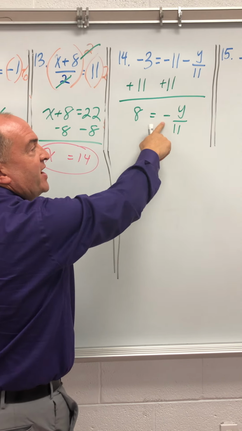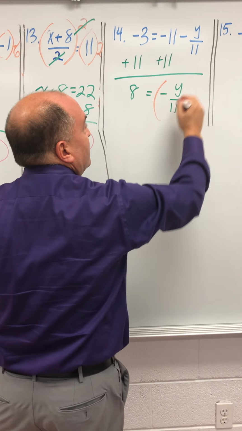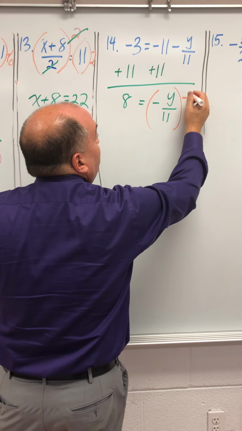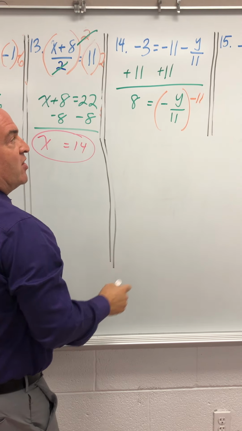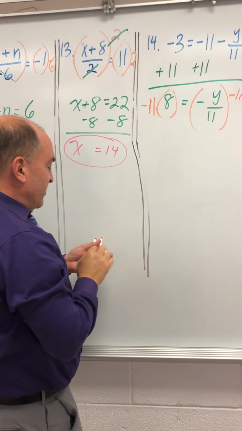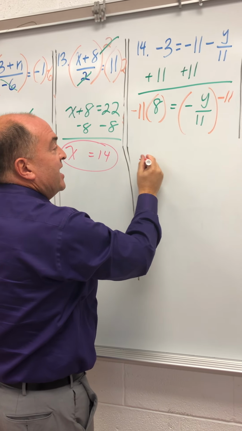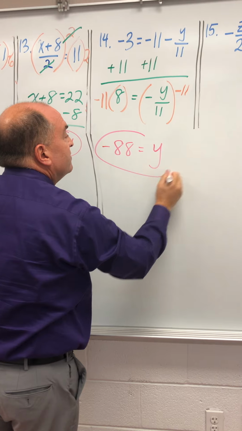I don't want the negative, so guess what I'm going to multiply by? I'm going to multiply by negative 11, because that's going to get my negative to go away. Both sides times negative 11. You get negative 88. Easy.